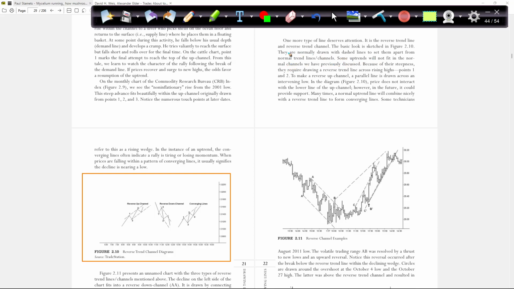All right. They are normally drawn with a dashed line, the reverse trend line, to set them apart from normal trend lines and channels, right?